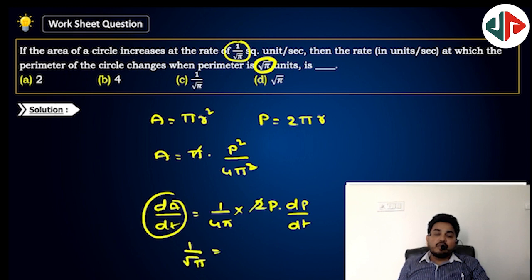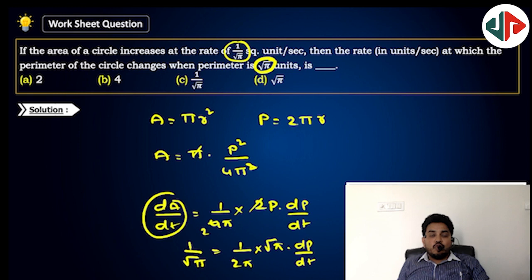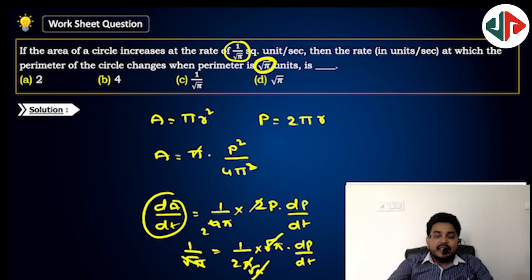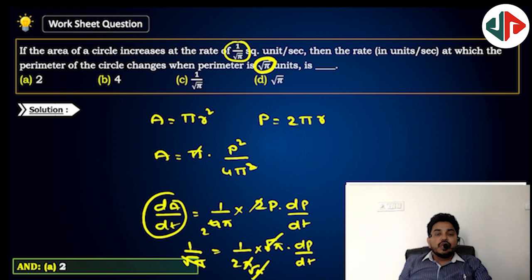So 1 by root pi is equal to 1 by 2 pi into p, which is given as root pi, into dp by dt. So the root pi cancels, and dp by dt is equal to 2 units.